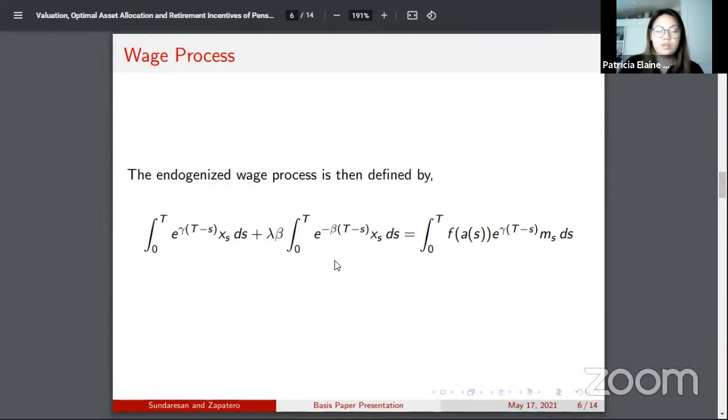The second term would describe the accumulated pension benefits based on the salary of the employee, and the total accumulated salary plus the deferred wages, or the deferred salary of the employee, is said to be equal to the marginal productivity of the employee described by this term on the right hand side.